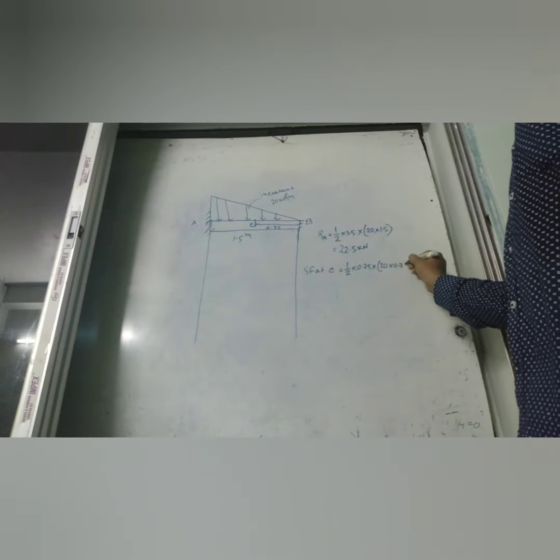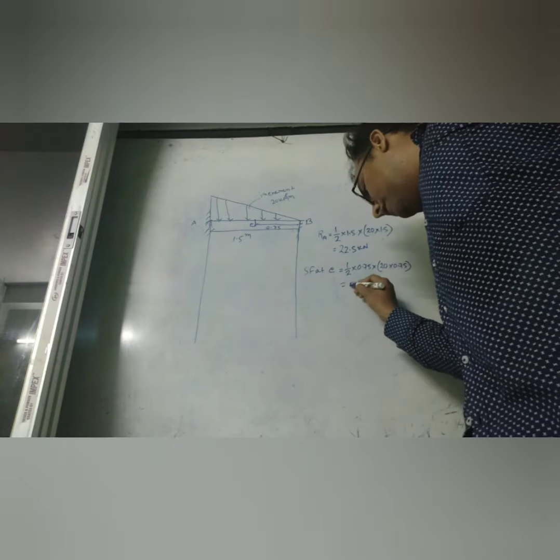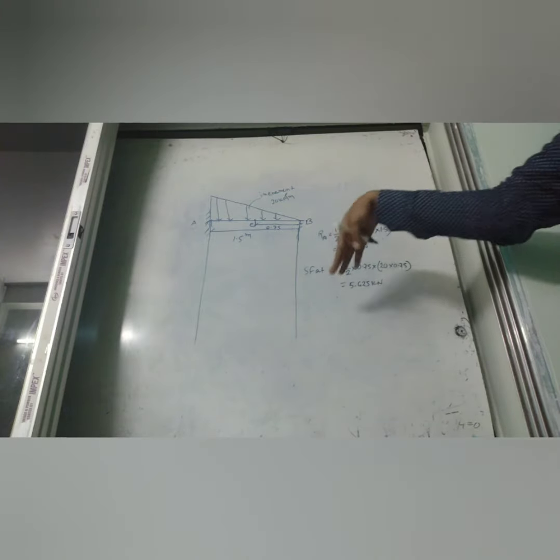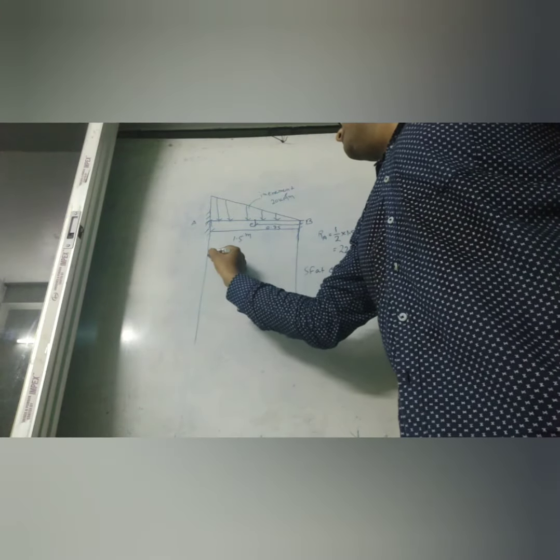It will multiply with 0.75, so we get 0.75 into 20 into 0.75 divided by 2, which is 5.625 kilonewton. So we get both points.